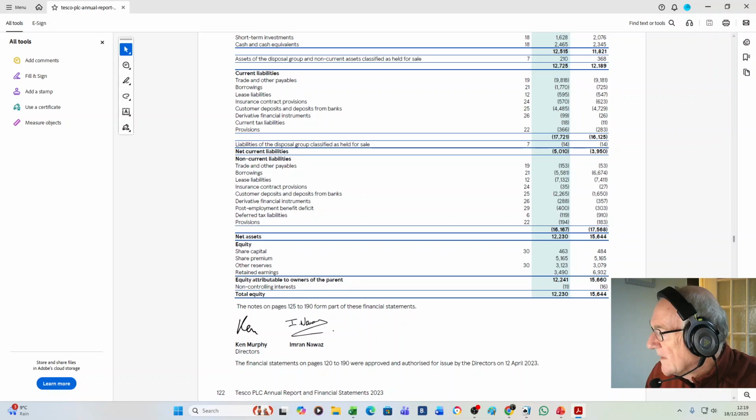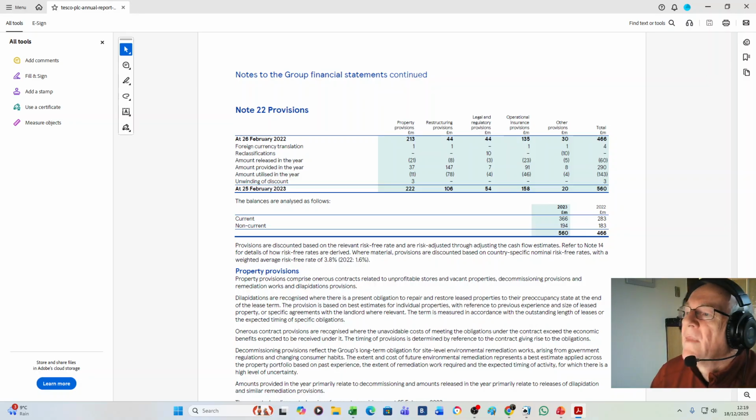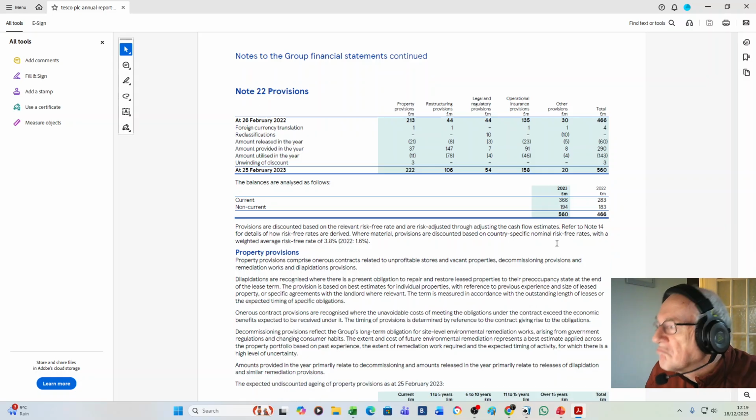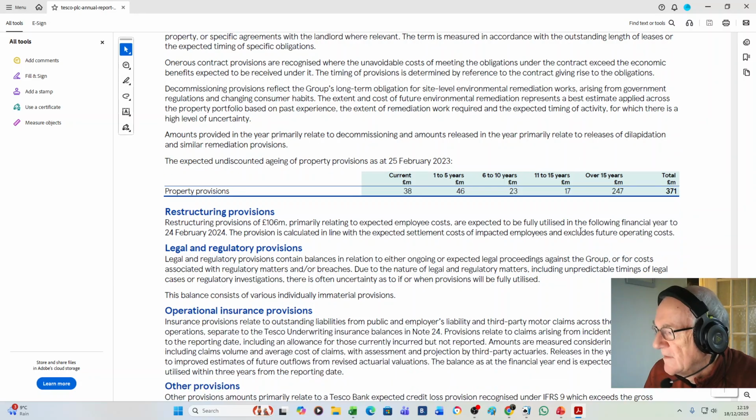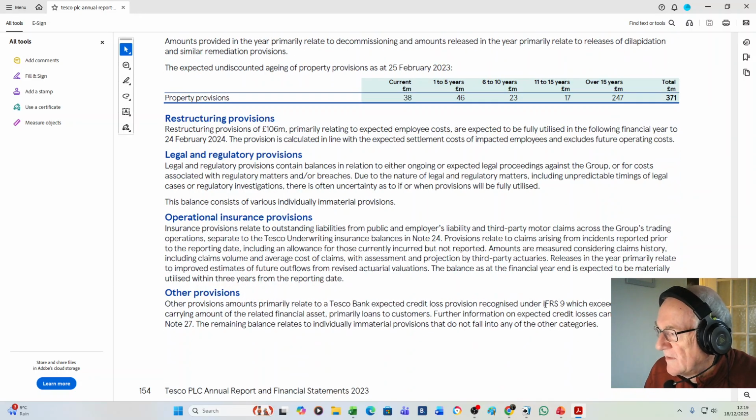If we move on, one of several pages I know I can go to. Okay, this one is about provisions. Somewhere on here, further down, there's one not regularly examined or tested, IFRS 9.